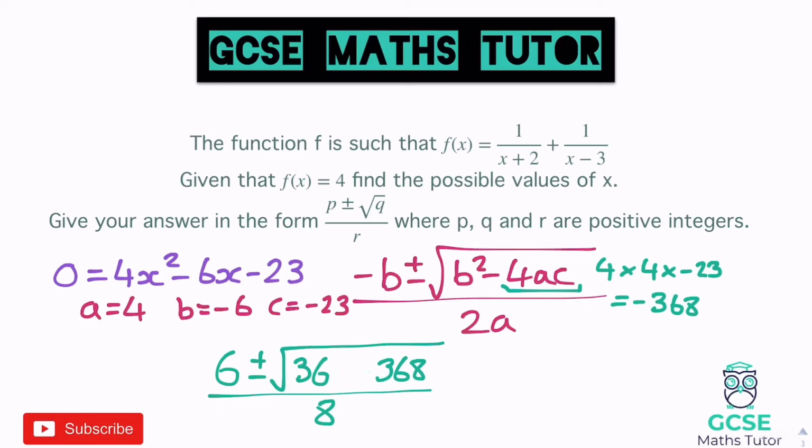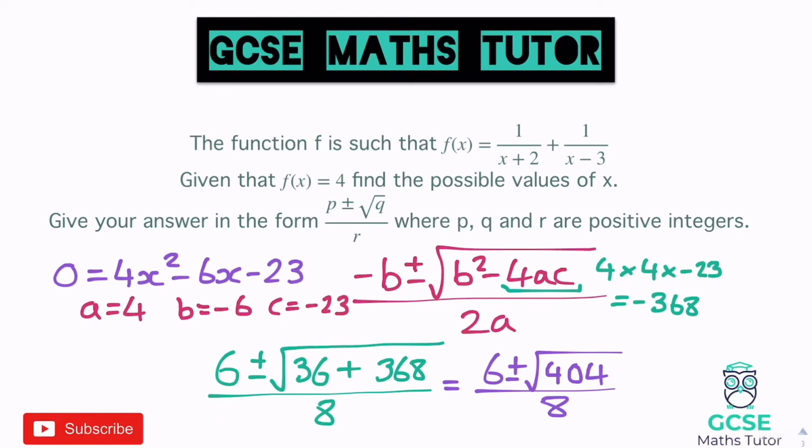There we go, so we have 36 plus 368 underneath our square root there. If we add those together, 36 plus 368 is 404. So we have 6 plus and minus the square root of 404, all over 8.